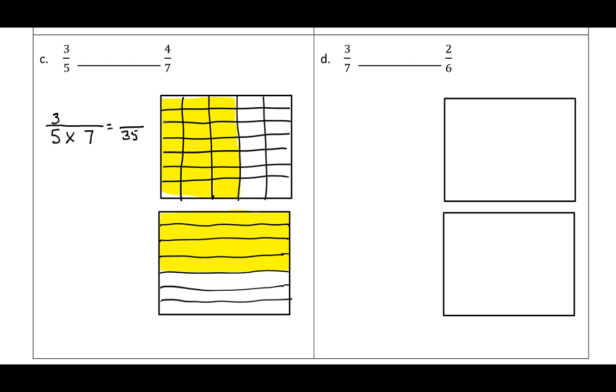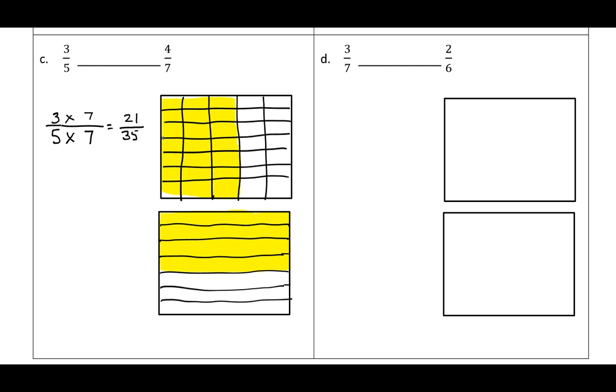You can see there's 5 pieces in each row and there's 7 rows. So 7 times 5 is 35. And then we multiplied the 3 pieces that were shaded by 7 as well when we drew the lines across, which means we have 21 pieces that are shaded, 7 rows of 3.